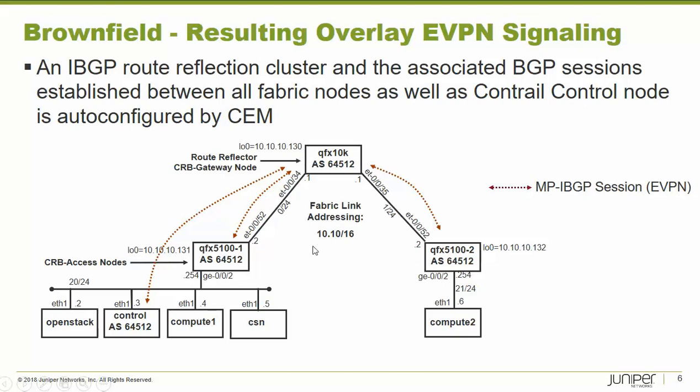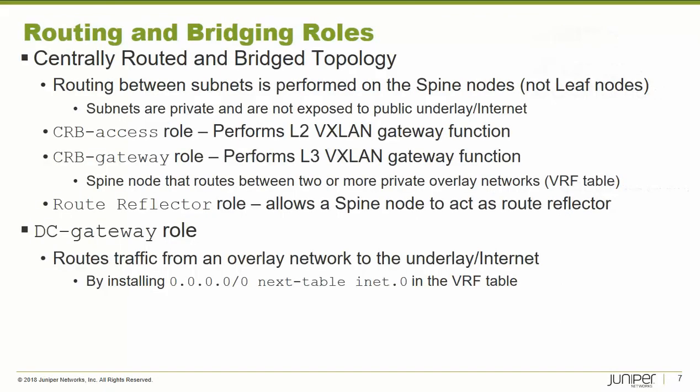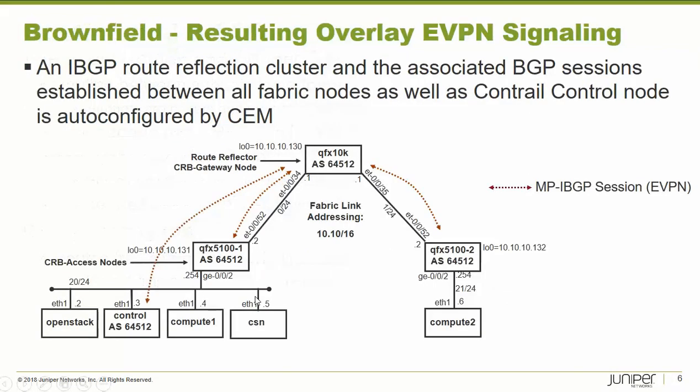On the top of rack switches, currently there are only the leaf nodes. You can only assign one role to them, and that's the CRB access role. But you must assign those roles in the wizard. Now, what are those roles? First you need to know that we have this thing called a centrally routed and bridged topology. The idea in the centrally routed and bridged topology is that the top of rack switches, or the leaf devices, will do no routing.